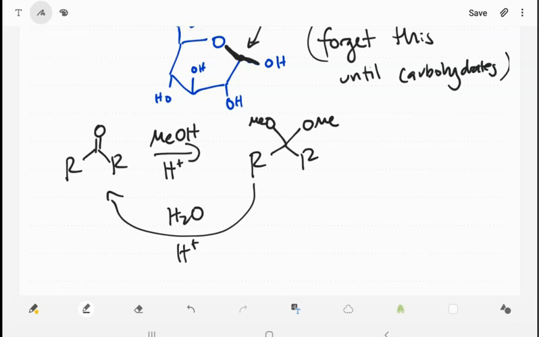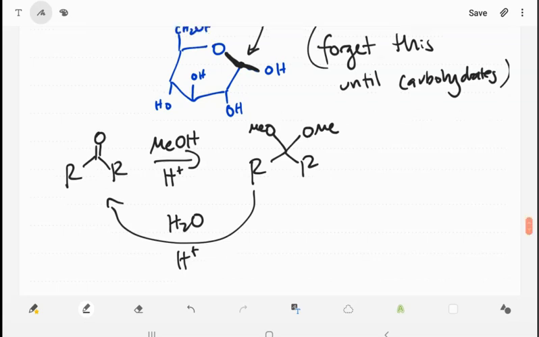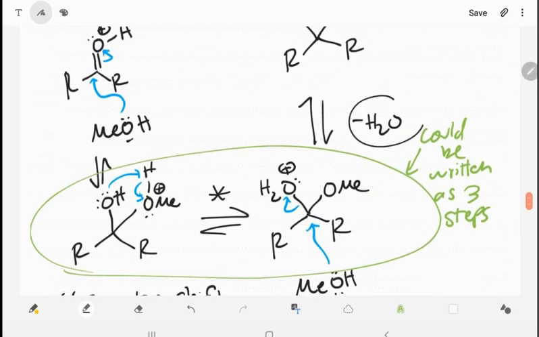And because this is an equilibrium, we're kind of forcing this thing to take on these methanols and get rid of its water. One way we have to do this experiment-wise is you'd need to get rid of the water that's produced during this reaction. So notice we do have water here that is produced.